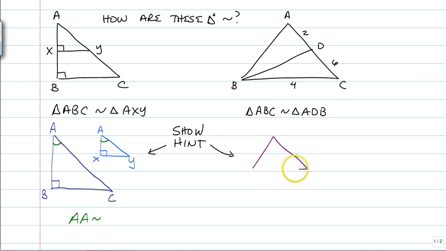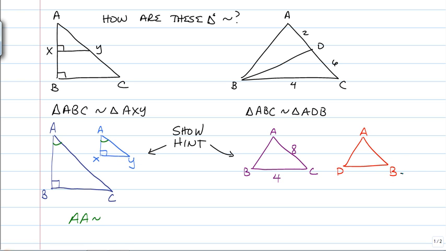So the next one, same hint, ABC. So we're going to draw this guy. We have angle A, we have angle B, and we have C, and we know that BC is 4, and we know that AC is 8. And now we're going to go look at ADB. So we're going to keep A at the top, but now D goes over here, and that's going to go to B. Okay?